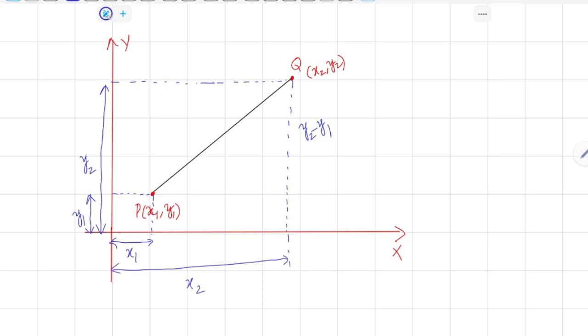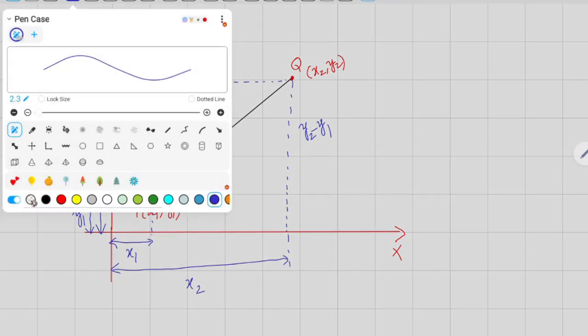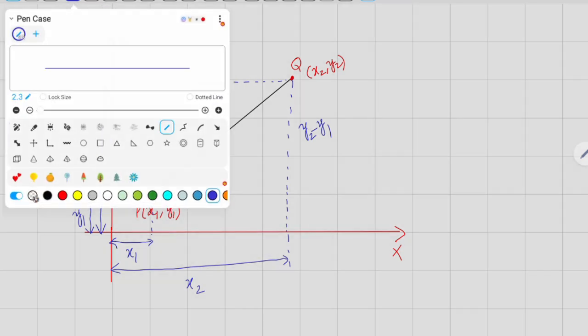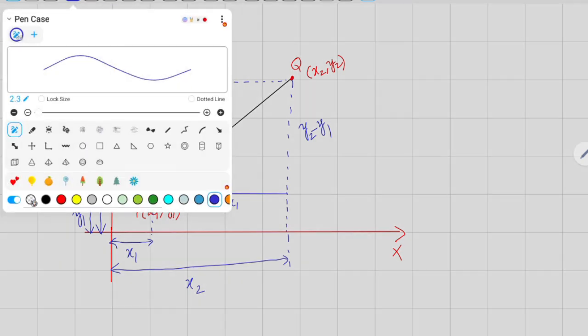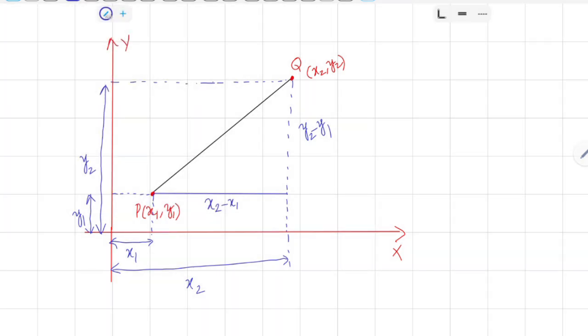Therefore, what will be the horizontal distance from point P to Q? Let me show it. So the horizontal distance from point P to Q is x2 minus x1.